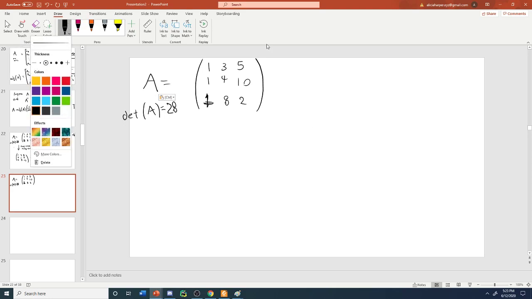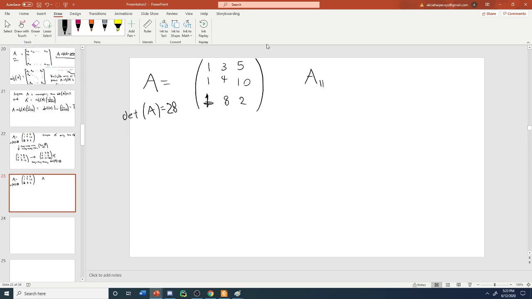So I have to compute A11. This will be the same thing as negative 1 times the determinant of the minor M11, which in this case will be 4, 10, 8, 2. And if I compute this, I get 8 minus 80, so I get negative 72.